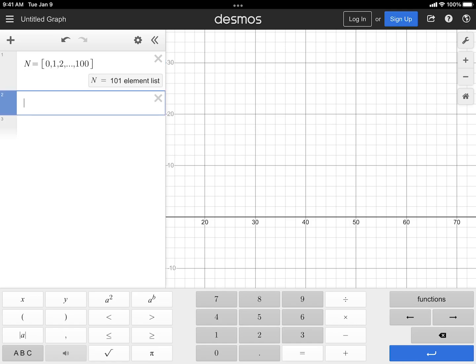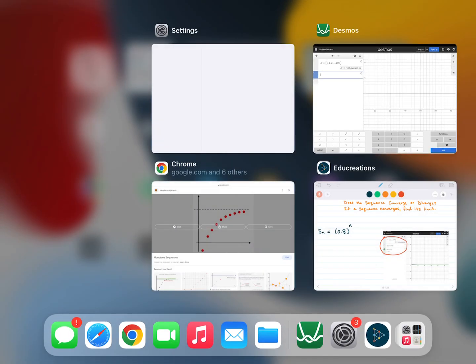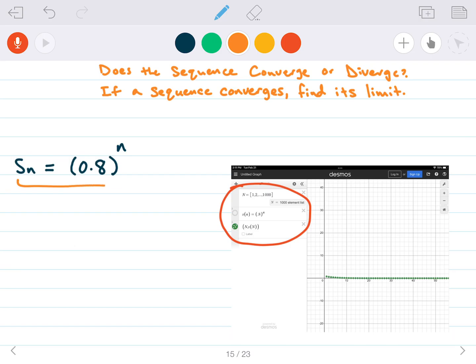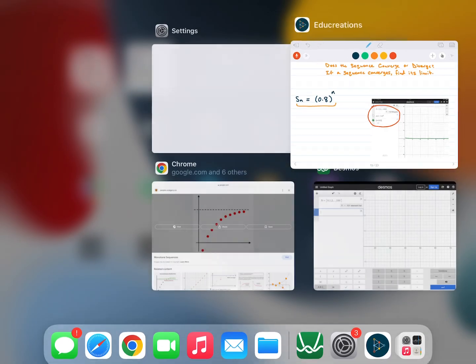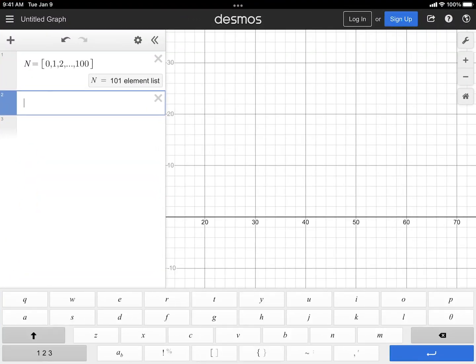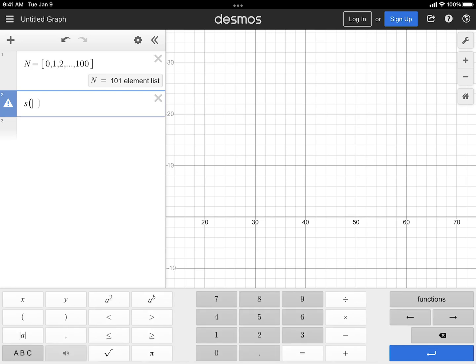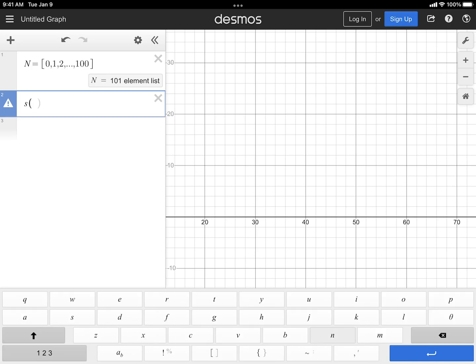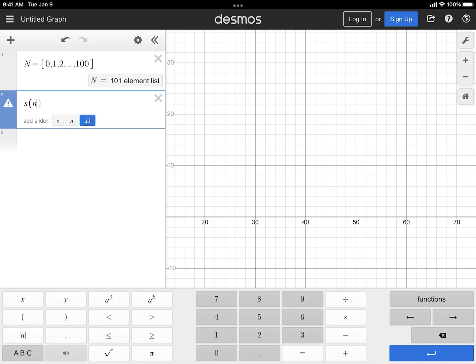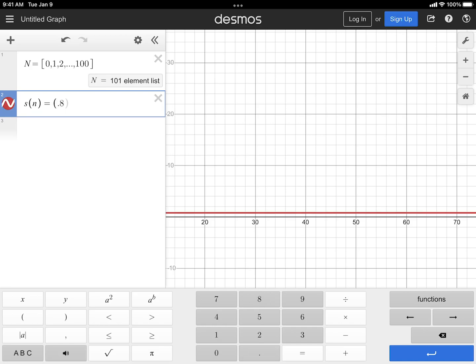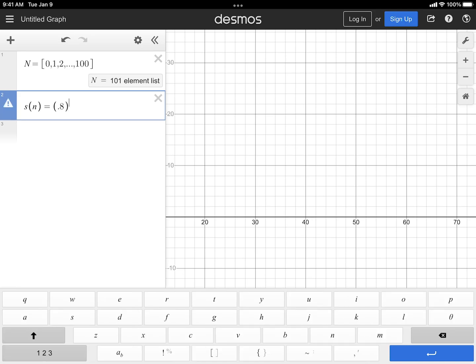Okay. The next thing is we want to actually define the sequence. So here, our sequence is S sub n equals 0.8 to the n. And I can just put that in here. So I have S of n is equal to 0.8 to the n.